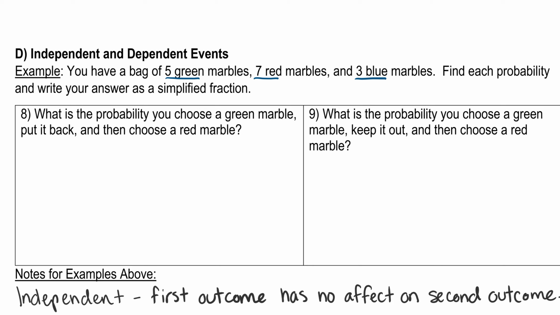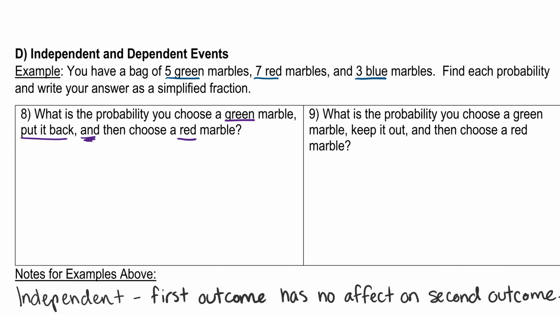So what is number 8? What is the probability you choose a green marble, put it back, and then choose a red marble? Okay, then we have the and. So I want to choose a green marble, then I put it back, and then I choose a red marble.